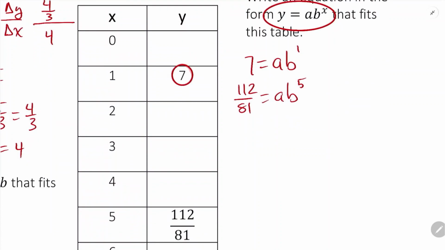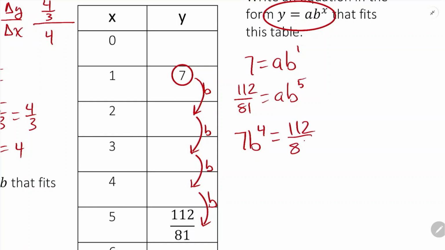So if I have the number 7, I would multiply it by b four times. So 7 times b to the 4th power is this fraction, 112 divided by 81.